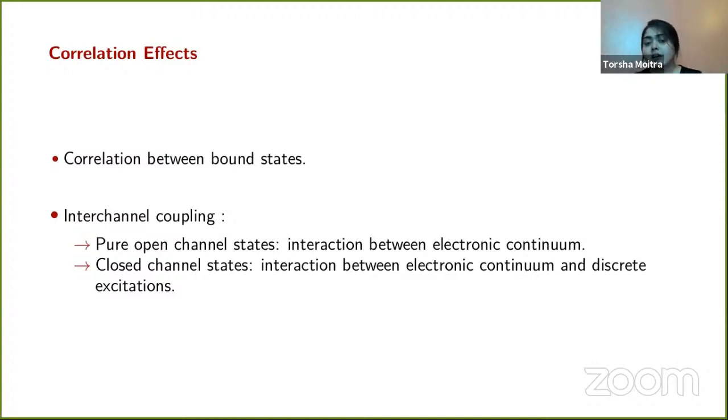Even though here I have specifically categorized and distinguished them, the boundaries between these correlation effects are quite blurred. And throughout my presentation, I will be getting back to the importance of the incorporation of correlation effects in the treatment of both the bound and the continuum states multiple times.